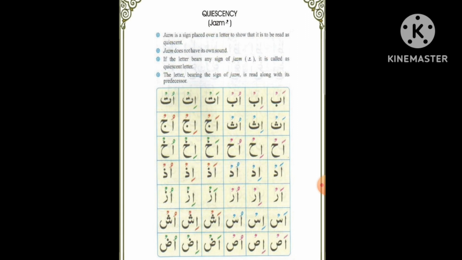So there should be a difference between the seen and the sword. If you say us, it is a seen, and if you say us, it is a sword. But if you don't pronounce the sword heavily, then it will sound like seen, and that will be totally wrong. So this is us, is, us. Your lips should be round. Then you have ad, id, ud.